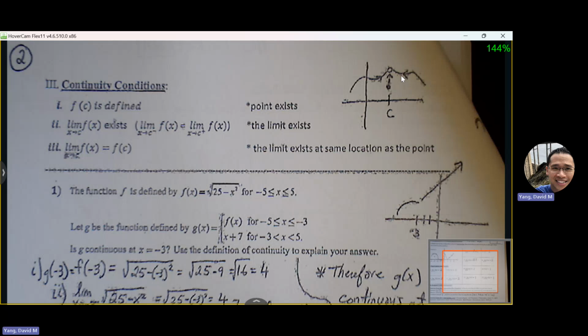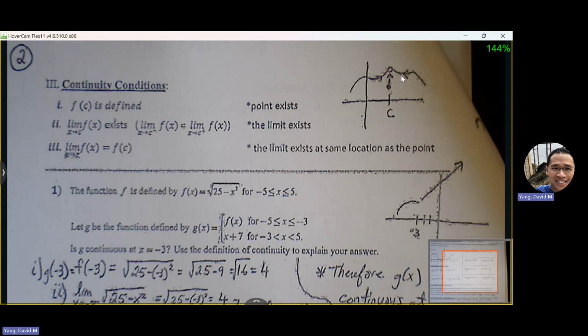It's giving us a piecewise function, and it's asking, is the function continuous at x equals -3? Well, let's just step through everything at -3. So we first need to figure out, does the point exist at -3? We plug -3 into our f of x function, which is part of my g of x piecewise. That gives us 4.